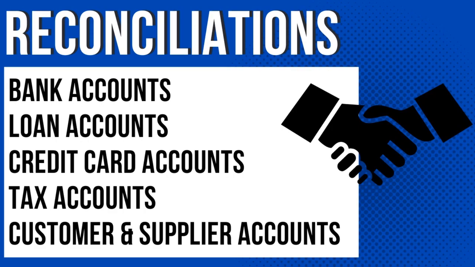Or there could be some very old debts on these customer or supplier accounts, and that could highlight there's an error there. It could also highlight that these debts need to be written off, so you can create bad debts and post them to the accounts. So all these things need reconciling. Bank accounts, loan accounts, credit card accounts, tax accounts, and then selected customer and supplier accounts.